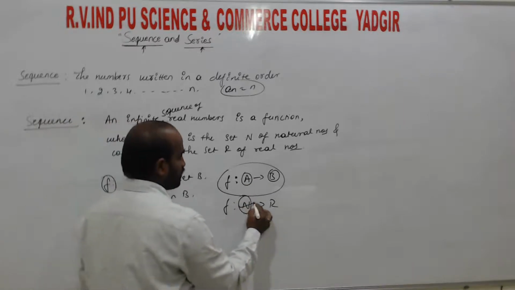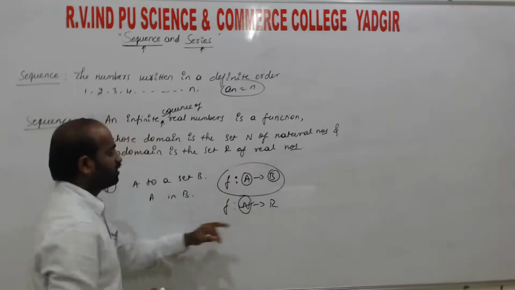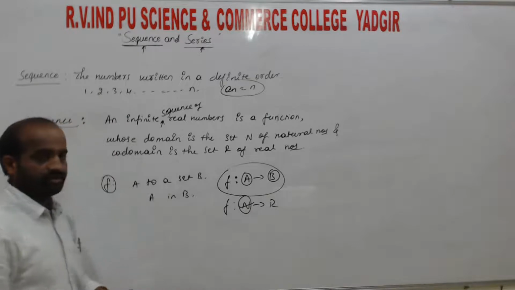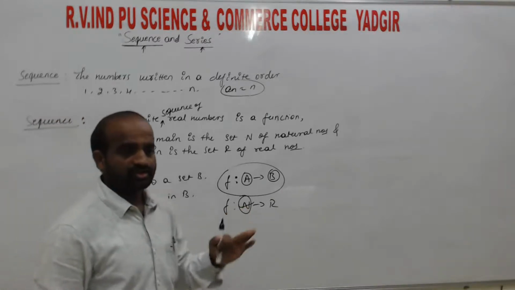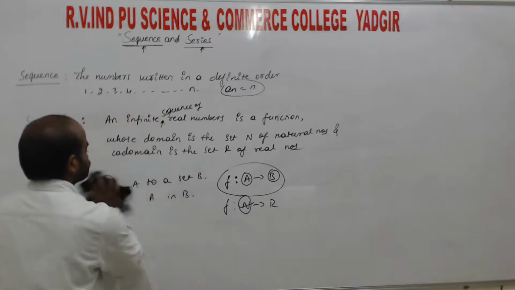In this case, N is the domain and R is the codomain. I will explain this in detail in the chapter on relations and functions.